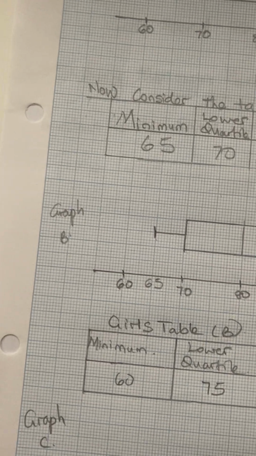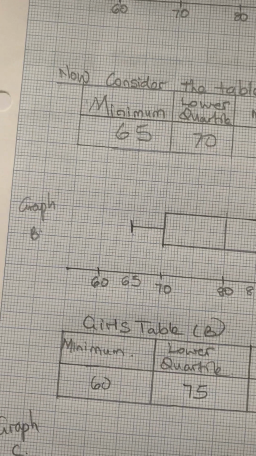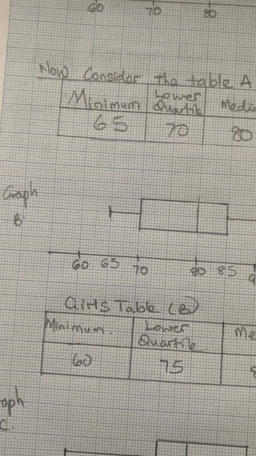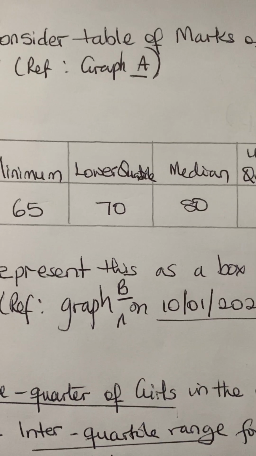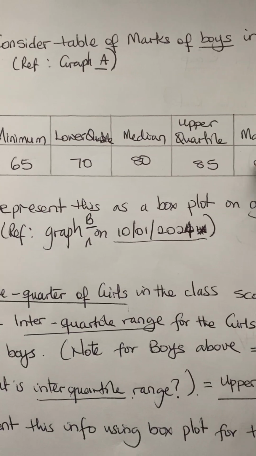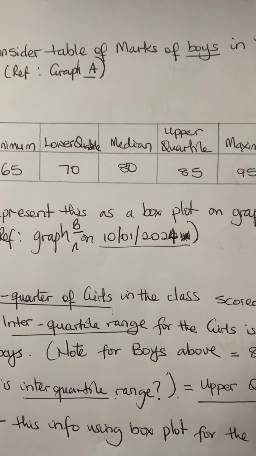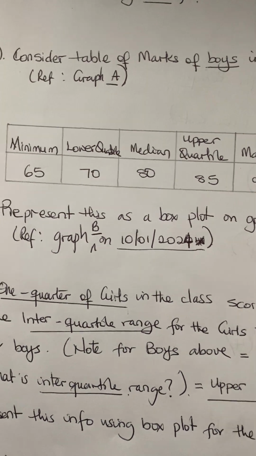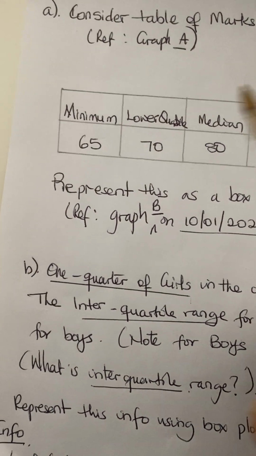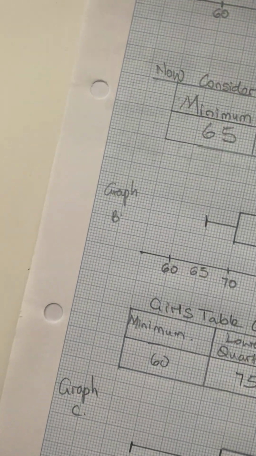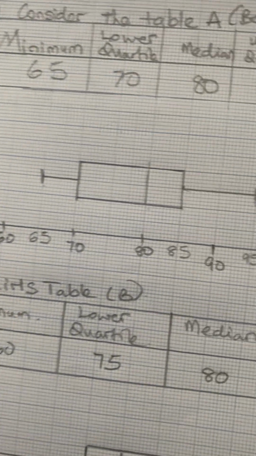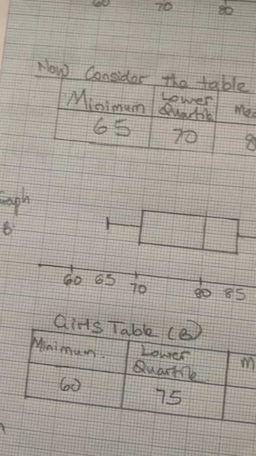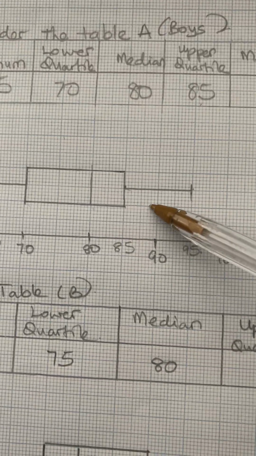So now, the question they've asked you, that consider the table here, this table here. Okay, I've put it on the box plot, which is my box plot. B here, that is the B one.